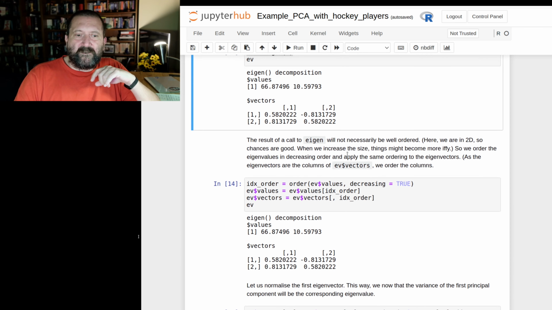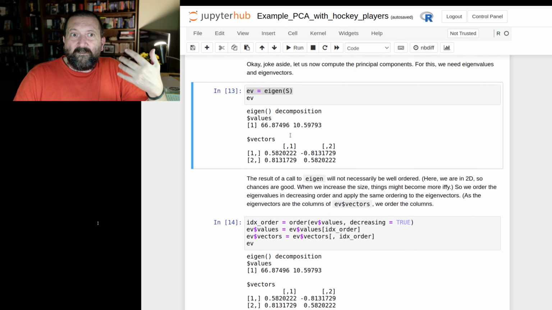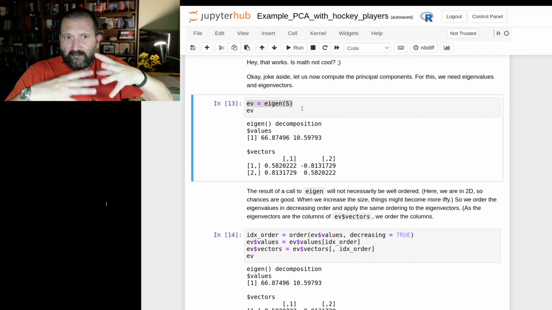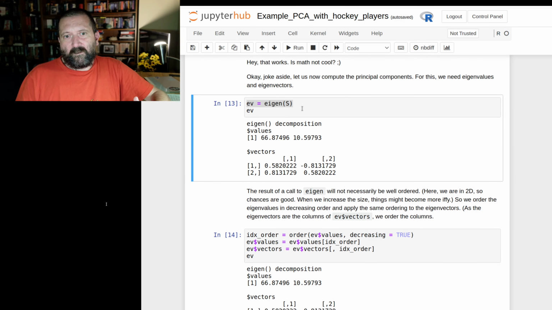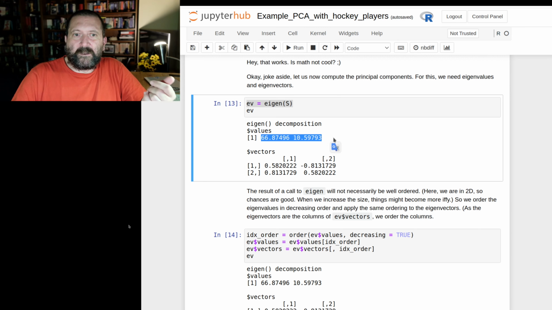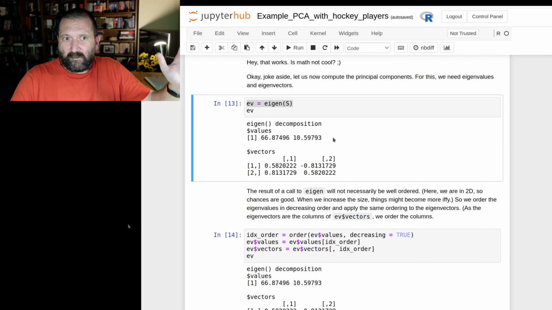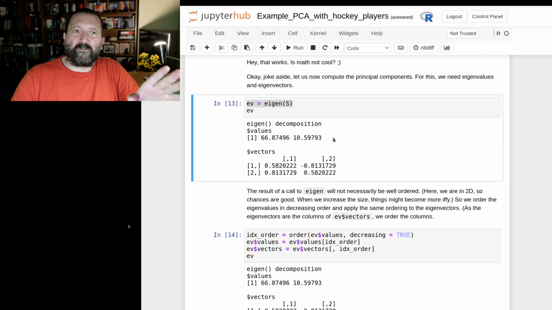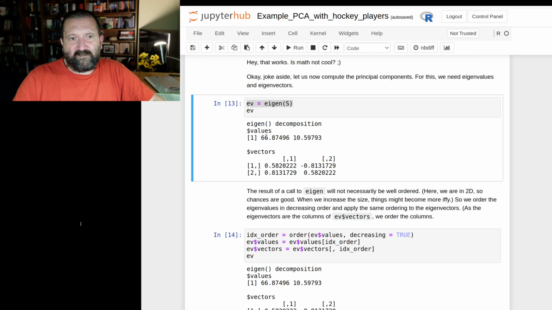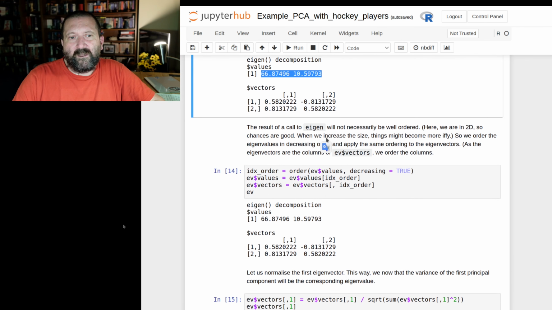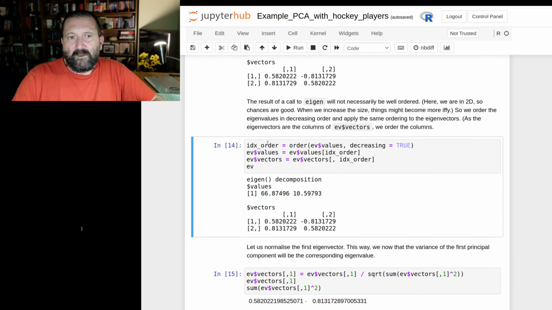I'll just mention that when you call this function eigen, you get a bunch of eigenvalues and the corresponding eigenvectors. There's no reason a priori for things to turn out as they did here, which is what we want. You recall that when we're looking for singular values, we want them ordered by decreasing values. So it's good to proceed as we do here.